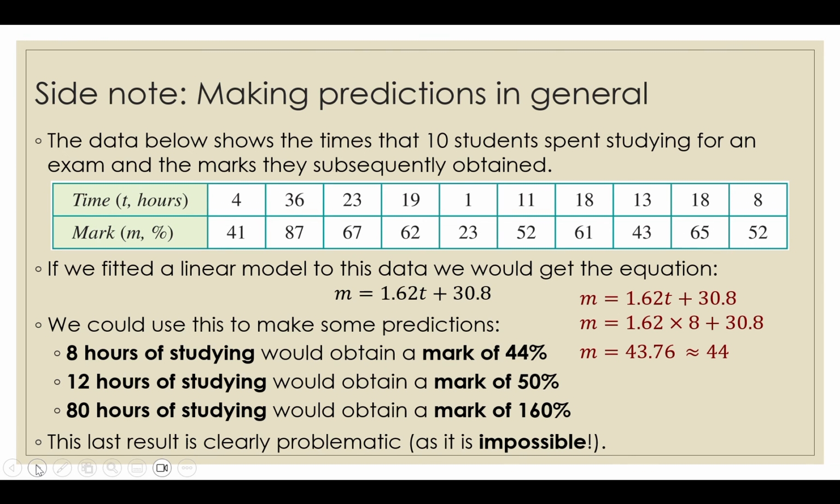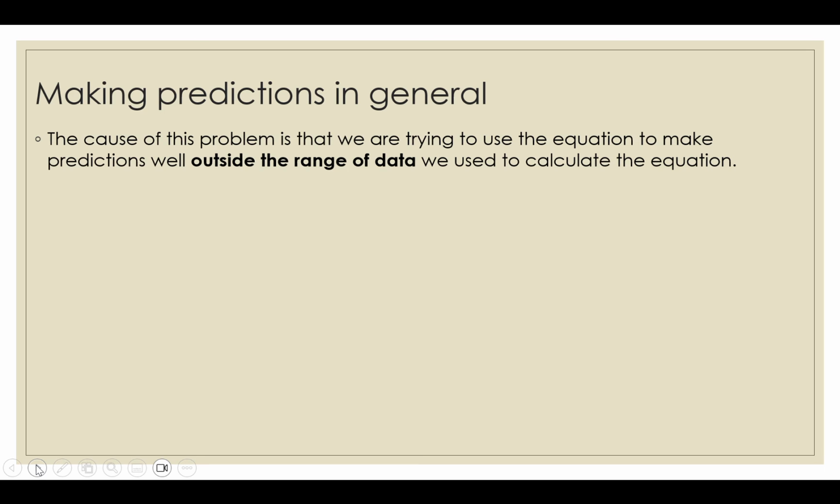So this gets us on to our next idea of predictions. In that last example, if you studied 80 hours, it was predicted that you would get 160%. This generates the idea that when we predict outside the data range, it becomes less reliable.